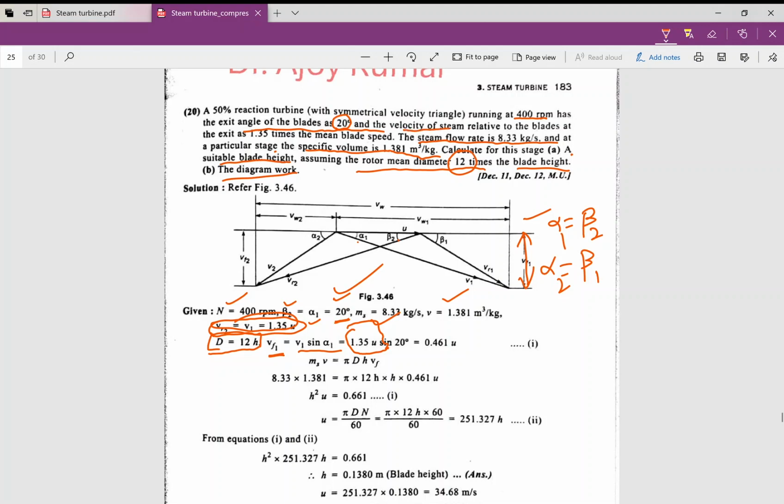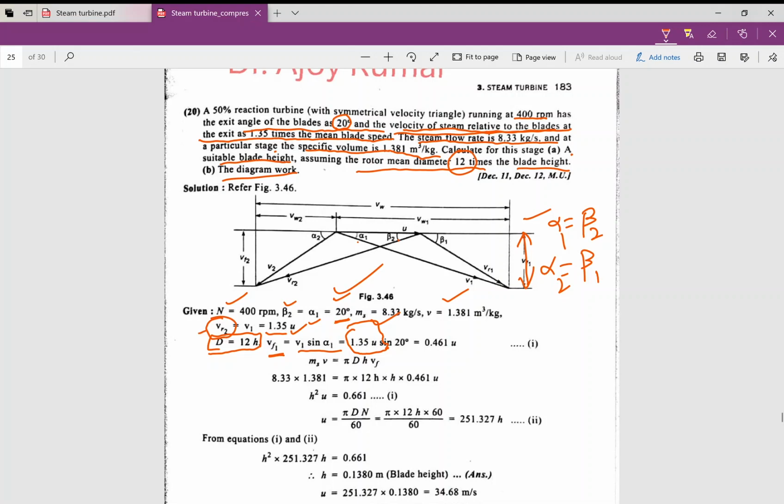Velocity of steam relative to the blade at exit is 1.35 times the mean blade speed. Mean blade speed is U. So 1.35 times U is the velocity of steam relative to the blades at the exit. So the blades at the exit always have relative velocity.